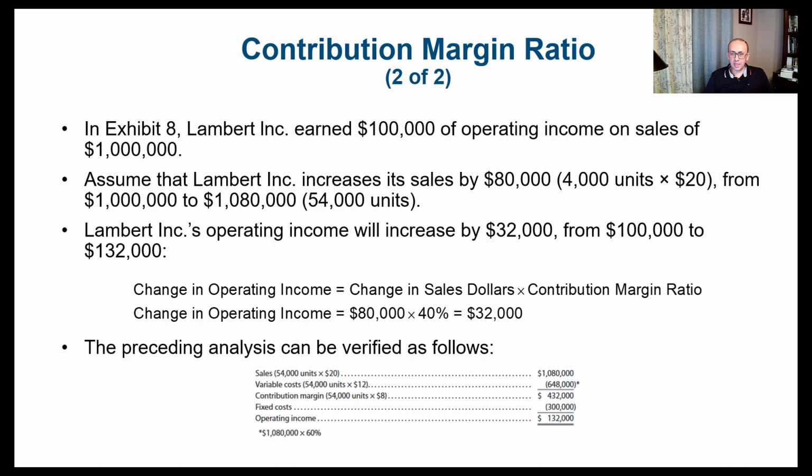So we can calculate the change in operating income to get the 32,000 using this formula: the change is equal to the change in dollar sales multiplied by the contribution margin ratio. Our sales went up by 80,000, multiplied by 40%, and that's 32,000. That's how the contribution margin went up from 400,000 to 432,000. Notice the operating income also increased by 32,000.